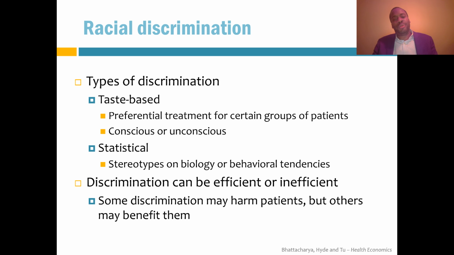Efficient discrimination would be, oh, you work in a restaurant? Oh, you're of this ethnicity? Oh, you live in this neighborhood? Just in case, let me do this test. Inefficient discrimination, versus that, is purposely, for example, if a physician is against LGBTQ rights, not seeing those patients.